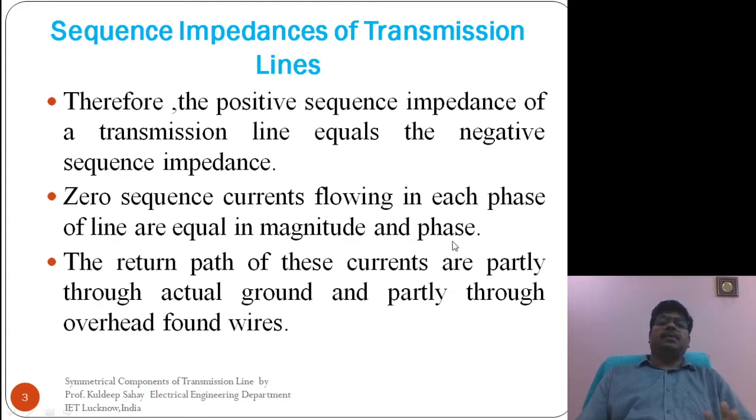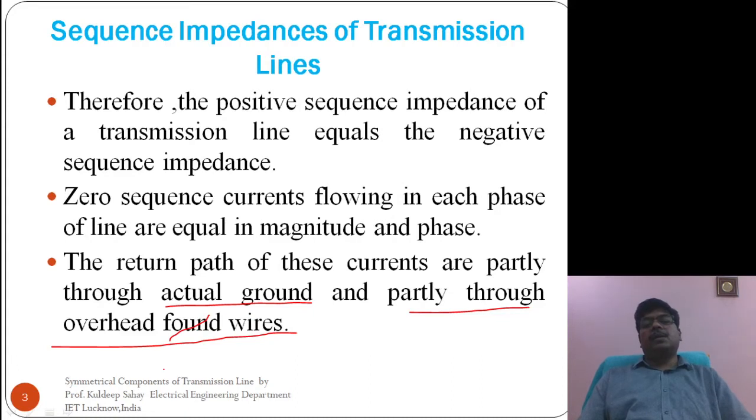So the return path for these currents is partly through the actual ground, and partly through the overhead ground wires. This is a ground wire.